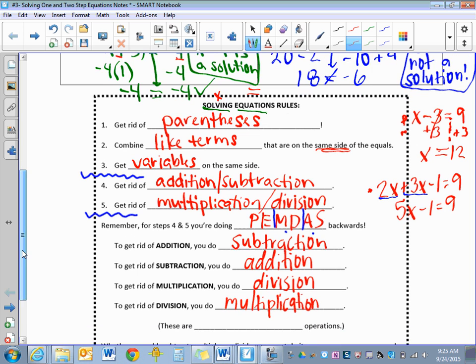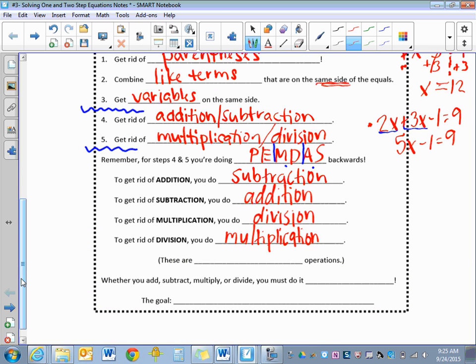And like I said, these are inverse operations. That's what we call them. They're operations that undo each other. So you can think of the word undo, or you might think of opposite. Do the opposite.